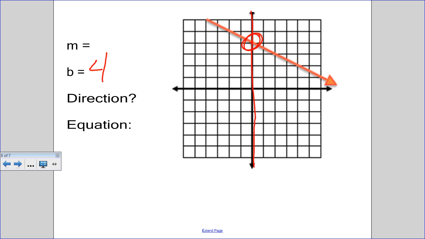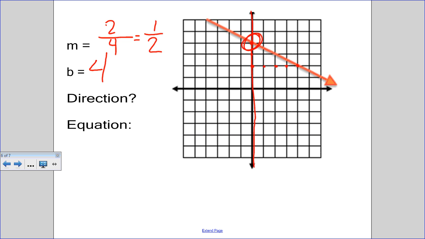And for our rise over our run, do you guys want to use the graph this time or our formula? Okay, let's try using our graph for this one. Since our graph appears to be going down, we're going to fall down 1, 2, over our run 1, 2, 3, 4. So 2 over 4, we simplify to 1/2.